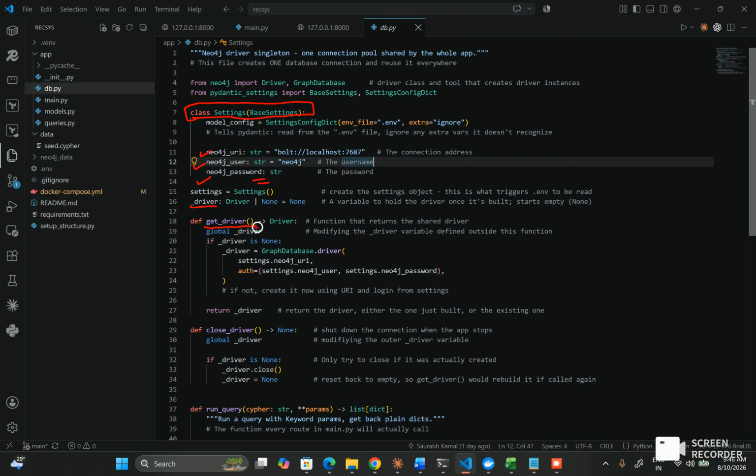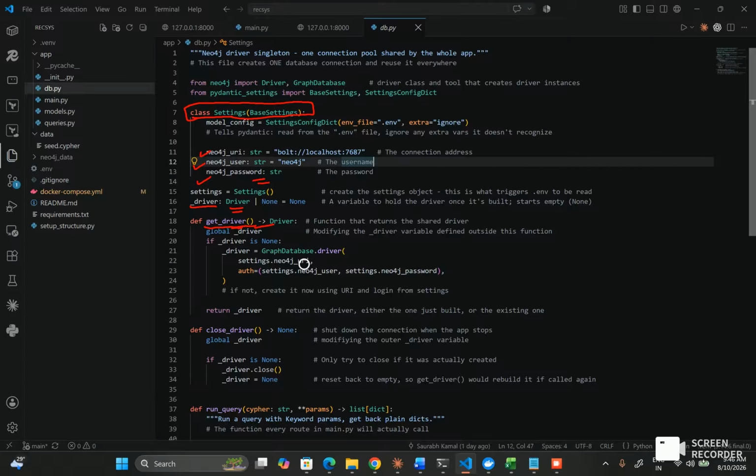Every time it's called, it checks: does the connection already exist?